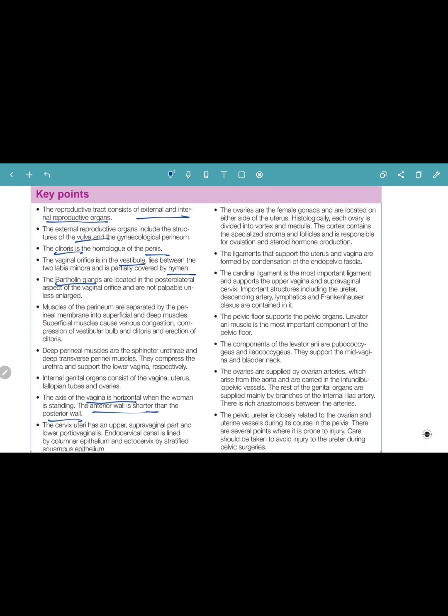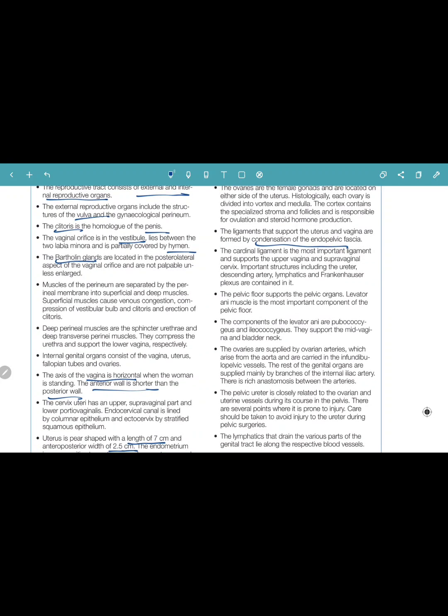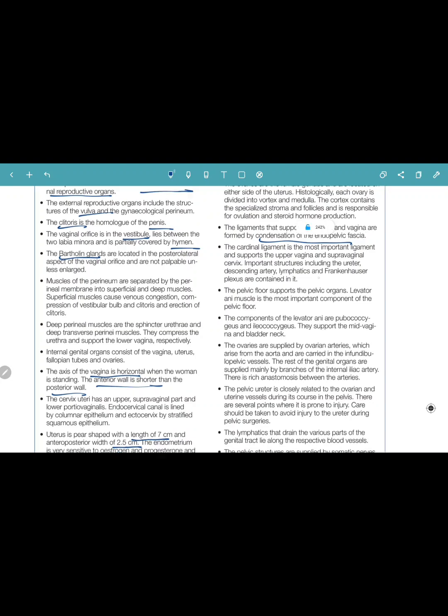The ligaments and supports of the uterus and vagina are formed by condensation of the endopelvic fascia. Cardinal ligament is the most important ligament and supports the upper vagina and supravaginal cervix. So important structures are ureter, descending artery, lymphatics and Frankenhauser plexus.